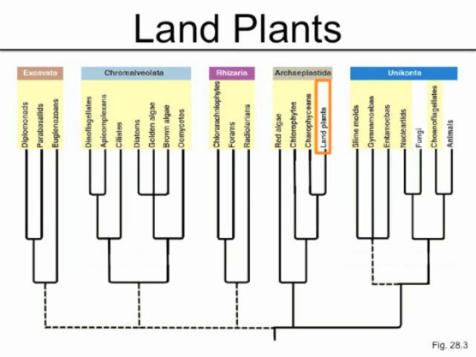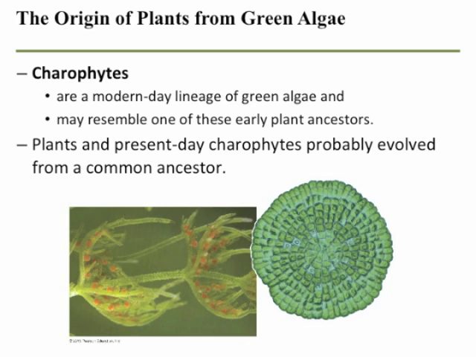And it actually has a lot of features that are similar to land plants. And we think that the first land plant was actually similar to a charophyte. So here's what a charophyte looks like. Charophytes are a modern-day lineage of green algae and may resemble one of the early plant ancestors. This is something you can actually find in the ponds around campus, something called Chara. And Charas actually have what kind of looks like pseudovascular tissue.